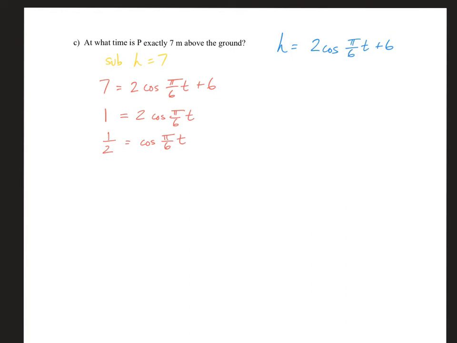Let's keep in mind that, yes, the inside of that cos is really ugly right now, but who cares? Pi by 6t is really just like a variable. It's like a theta. And so the equation actually could be just like this. So let's not get distracted by the fact that we have something a little bit uglier inside of our ratio. Instead we say, okay, my cos is positive, and therefore I know that I could be to the right.